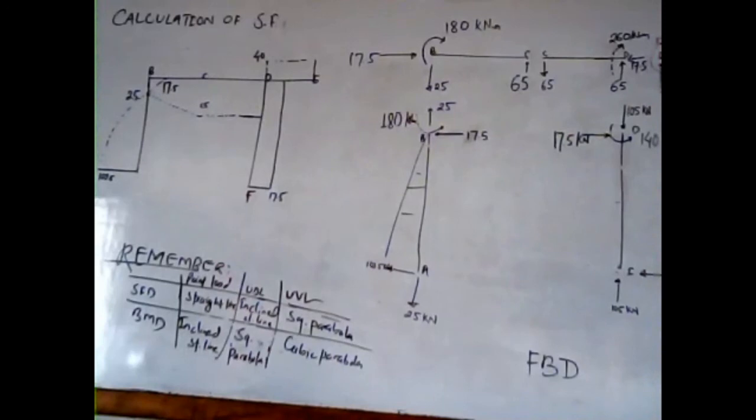Now we will make the exact shear force diagram. For this, we will have to assess the orientation of the section AB, that is the square parabolic section, and in which orientation it lies.